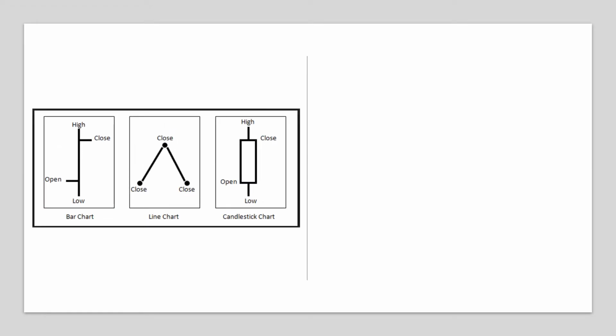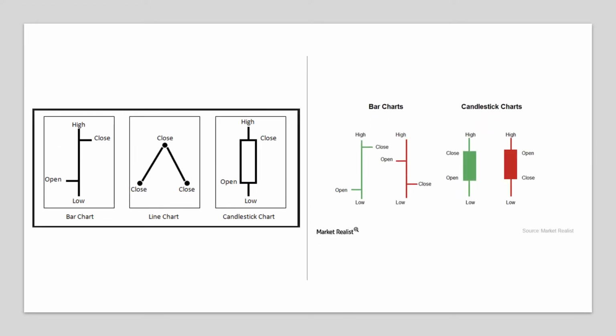So let's take a look at them. Here you see a line chart, a bar chart, and a candlestick chart. And let's say for the sake of the example, we want to set this up as an hourly chart. You can set your charts up to be daily charts, or you can set them up for 5 minutes or 15 minutes or weekly, monthly, however you want to look at the chart.